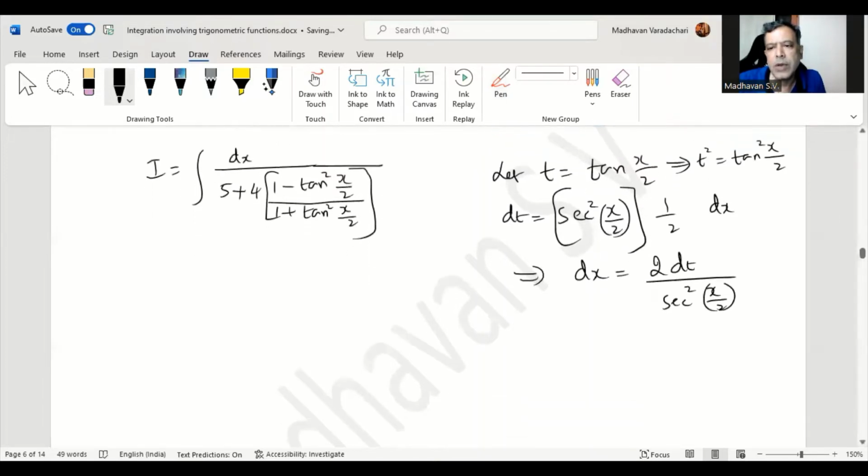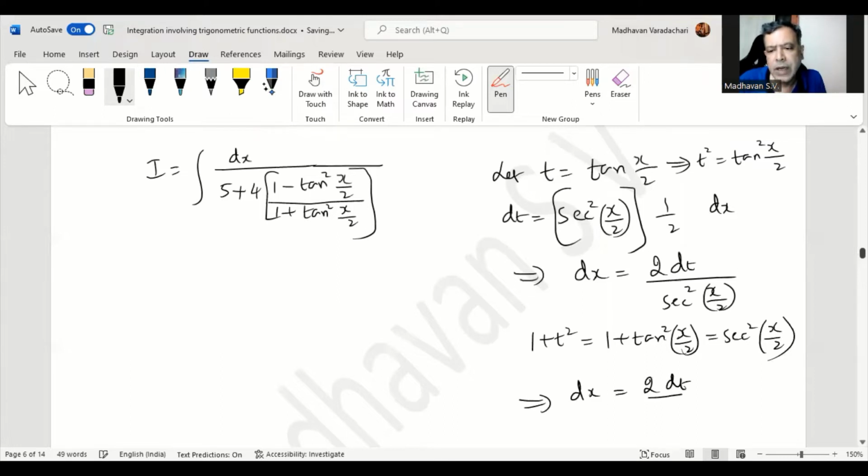Now, when we have t square equal to tan square x by 2, we have 1 plus t square will become 1 plus tan square of x by 2. 1 plus tan square of x by 2 is nothing but secant square of x by 2. So that means our dx will be rewritten as 2 dt divided by 1 plus t square. So that will be our dx.